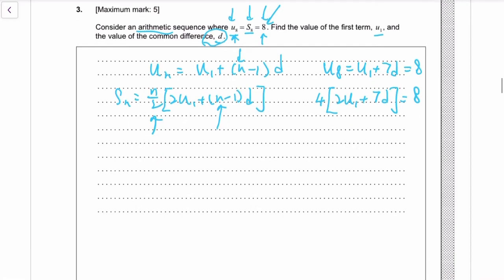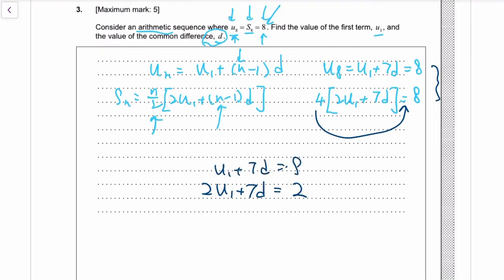All right. Then it's just a matter of solving the simultaneous equations, two equations, two unknowns. You would divide it all away. So the second equation becomes 2u1 plus 7d equals 2. Then the first equation is u1 plus 7d equals 8.